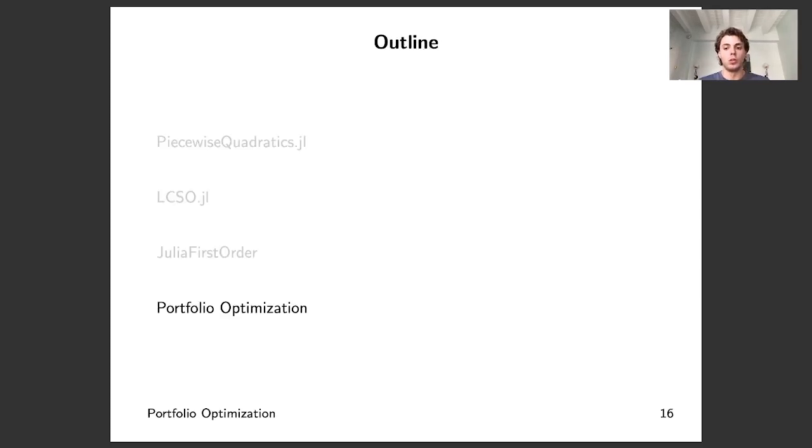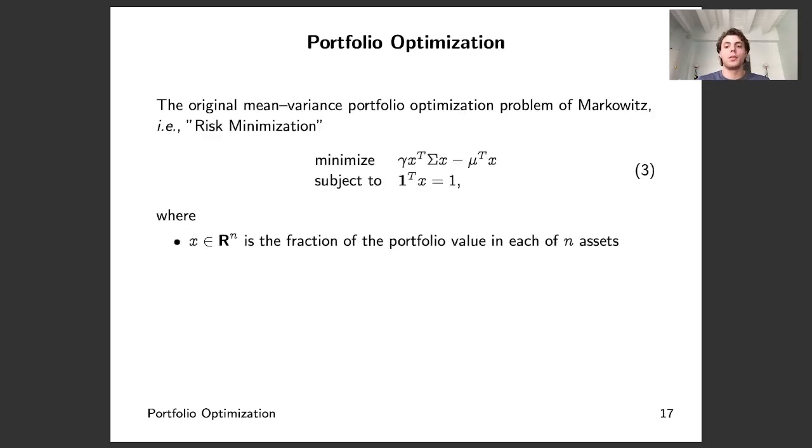So we'll conclude with a brief dive into portfolio optimization. The original formulation of portfolio construction as an optimization problem dates back to the 50s, and it's often referred to as mean variance portfolio optimization, or commonly risk minimization.